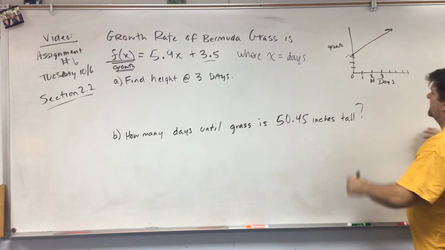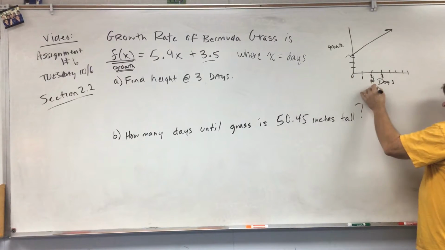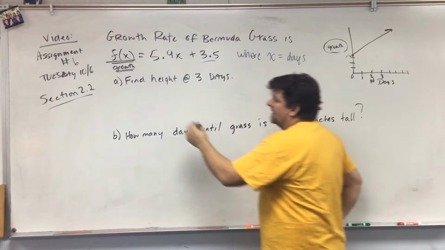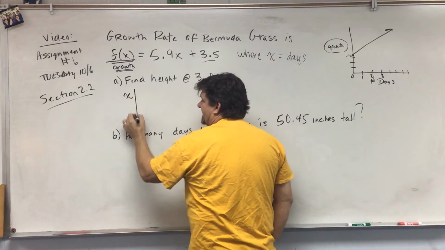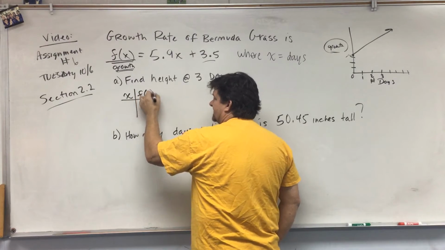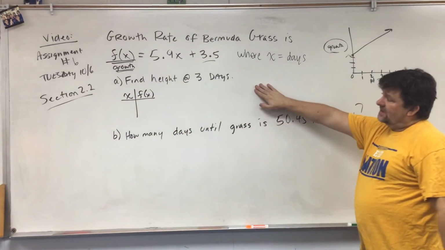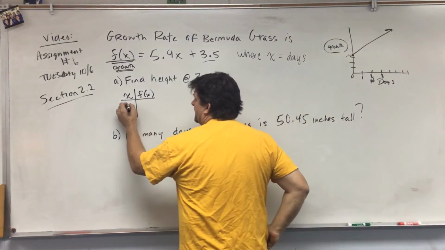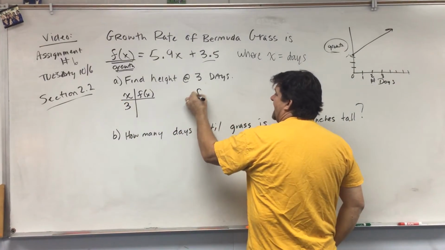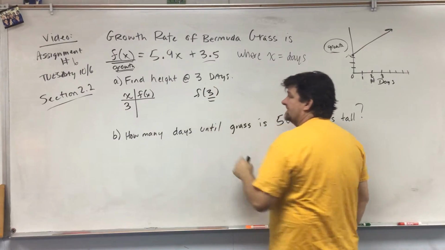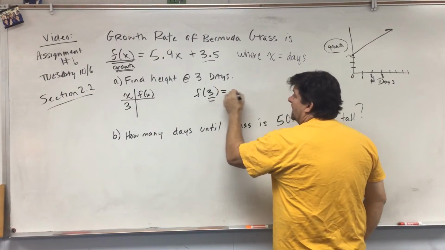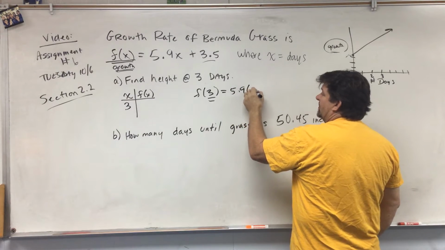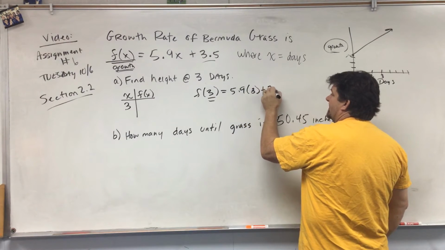So what we're really talking about is if I plug in the number of days, I will get out the growth. Remember we talked about that? We have x, and that gives us f of x. So for this particular one, they ask us to say, okay, the height is 3 days. So if I plug in x, I get f of 3. This looks a little familiar from the other day. 5.9 times 3 plus 3.5.